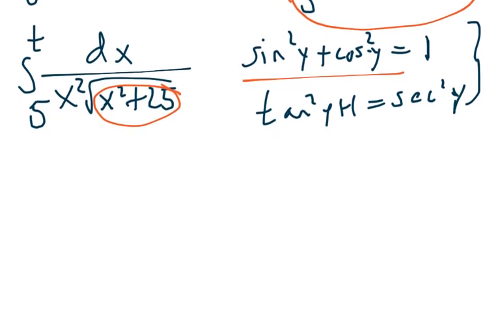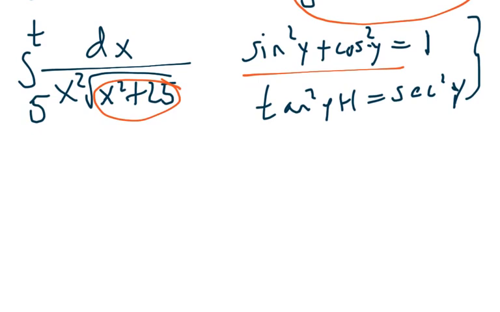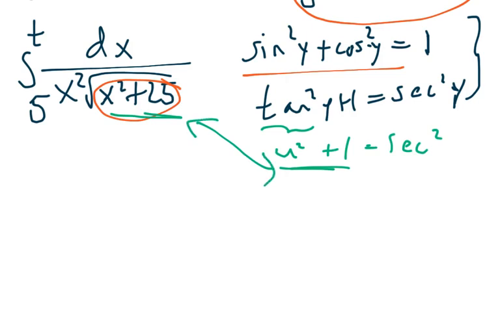Okay, then I try to match it up. Well, which one of these looks like what I have? If you look at this, I think about this as some variable, I'm going to call this variable maybe u, so u squared plus 1 is equal to secant squared, right? So this looks a lot like what I have here, so we're going to be using this one.